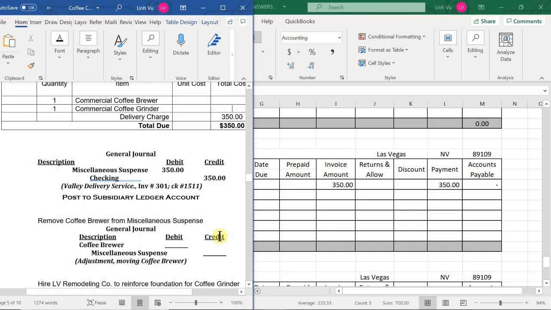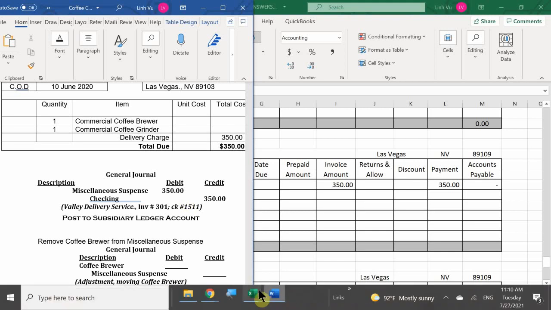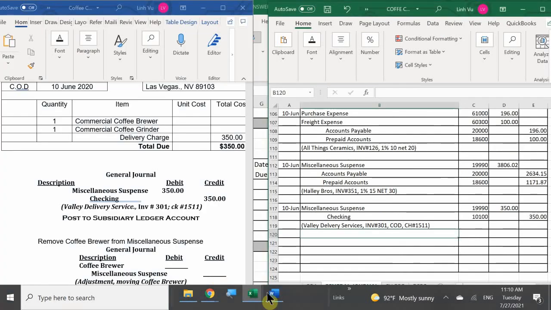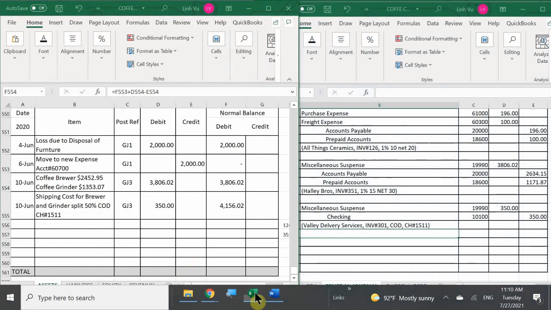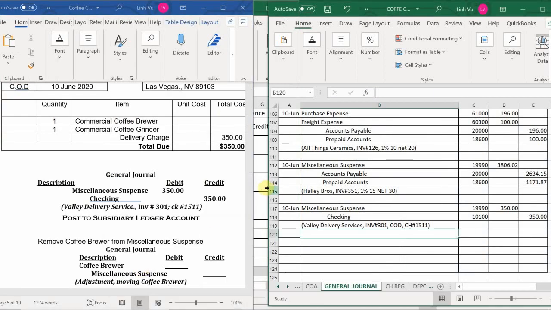So then I have this little note where it says we're going to remove the coffee brewer from the miscellaneous expense and put it in its original account. We have all that we need for the coffee brewer; it's the coffee grinder that needs to have work done. We know how much our coffee brewer cost.